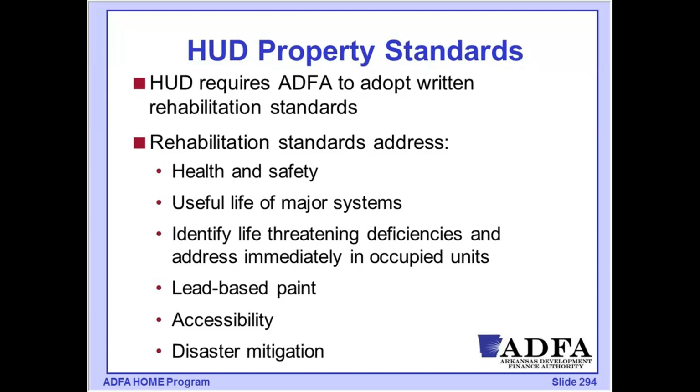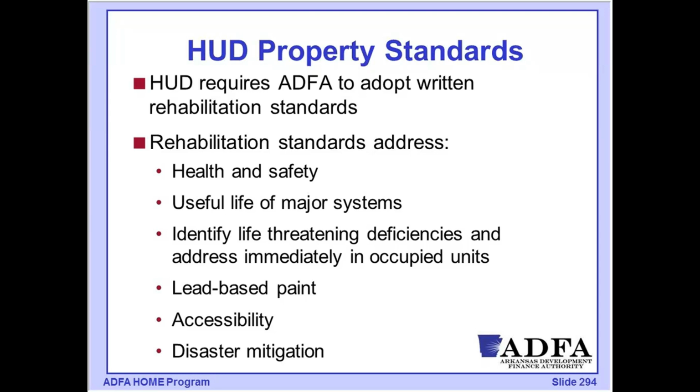The written rehabilitation standards also include accessibility requirements. So for folks that are mobility or sensory impaired, standards that those properties are going to be built to make sure that they are visitable, that they are habitable for those folks. And then HUD also requires the disaster mitigation standards to be included.